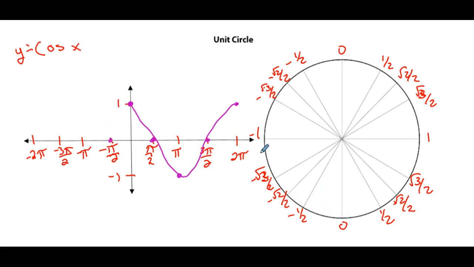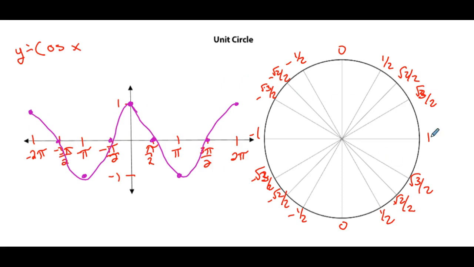And then it becomes negative all the way down to -1 at -pi. And then it's negative, but it's moving towards 0 at -3 pi over 2. And then it's positive again back up to 1 at -2 pi. So we follow that down. And there is our cosine function.